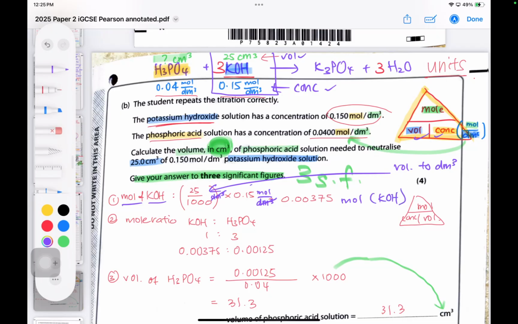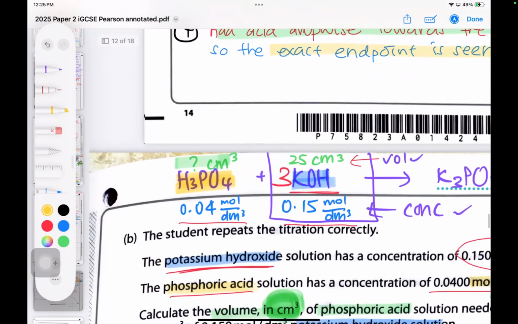Then my second step is I need to find the relationship, what we call the mole ratio, between potassium hydroxide and phosphoric acid. Based on the balanced equation, it is 1:3. And you ask me, how exactly do I know it's 1:3? This is when we look at what we call the coefficient.